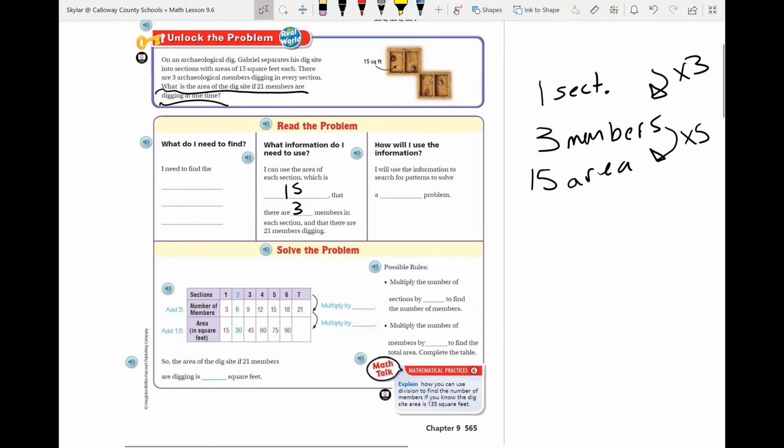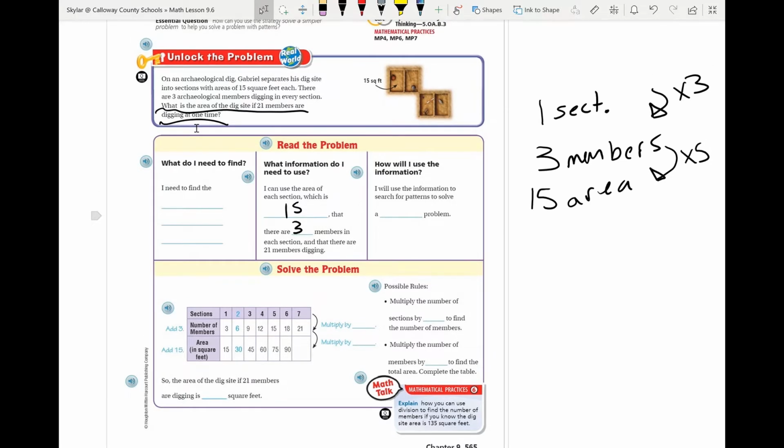So, what is it that we're trying to find? We are trying to find the area of a dig site if 21 members are digging at one time. Well, if we have 21 members, what will our area be?